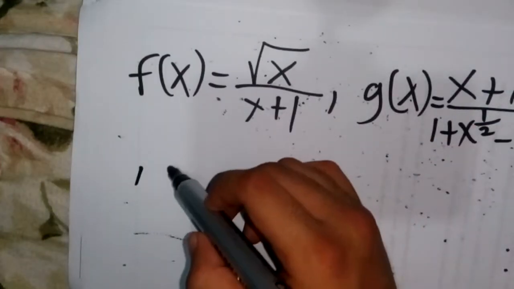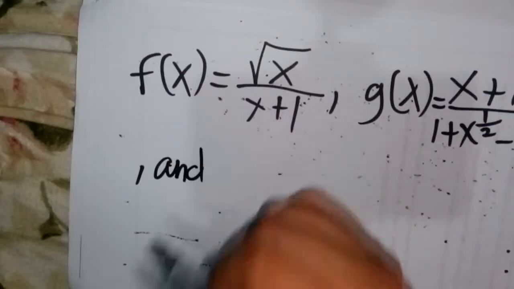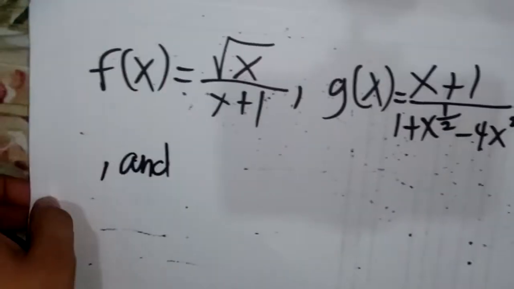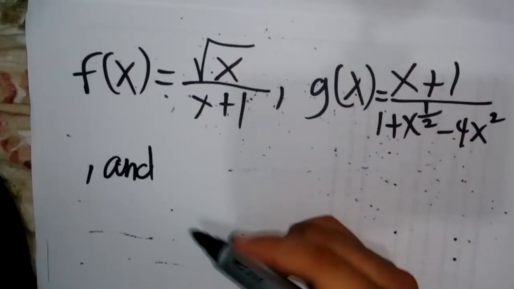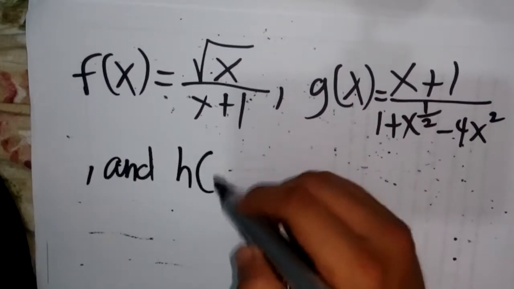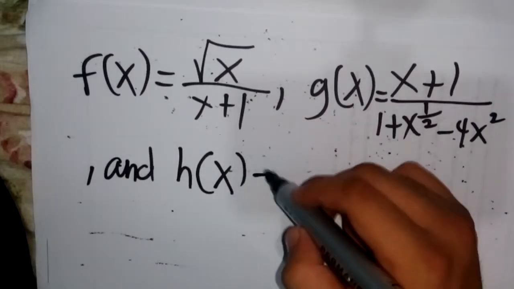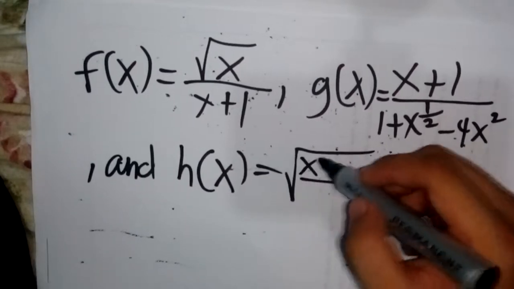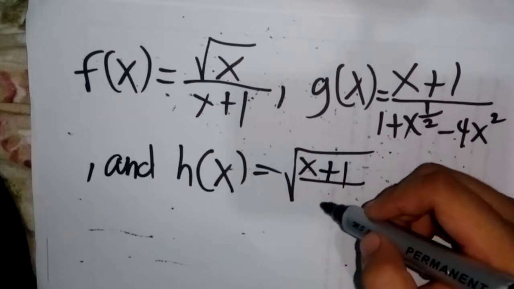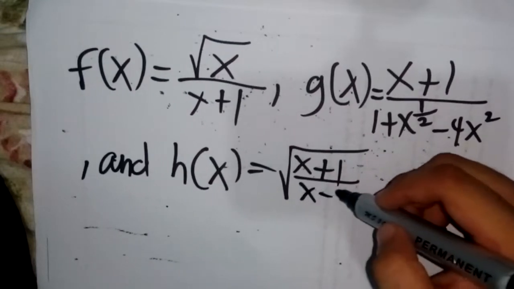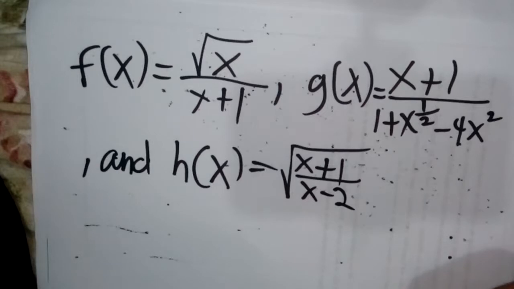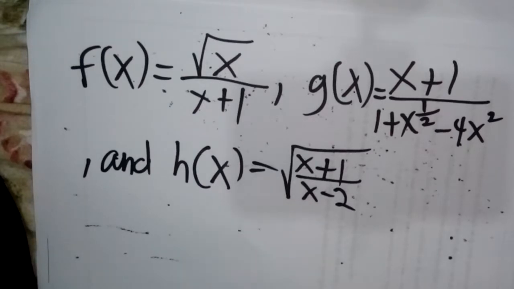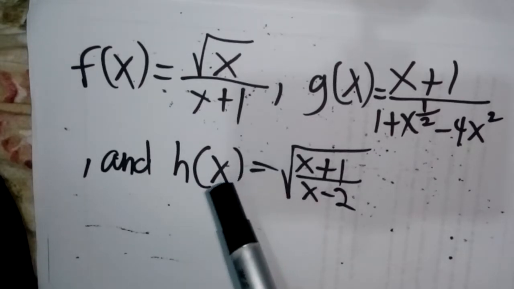And lastly, h of x equals square root of x plus 1 over x minus 2. What can you see or observe stated here below?